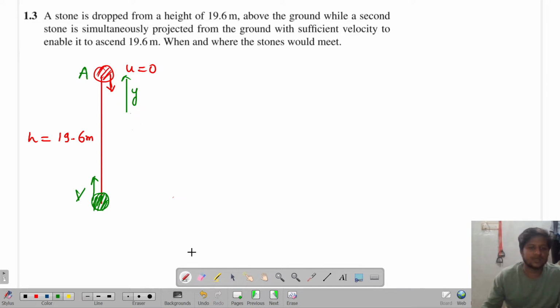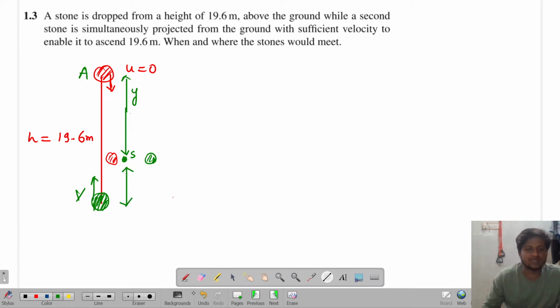So what is happening? The two balls are meeting at this point, a little bit up. At this point S, these two balls are meeting. Ball A is coming over here, and ball B is also coming over here. Point S is lying y distance away from A, and therefore tell me what will be this distance?